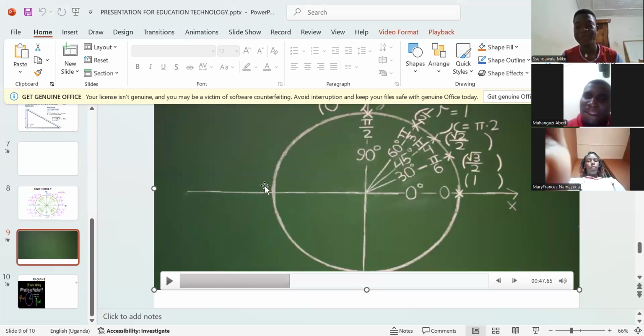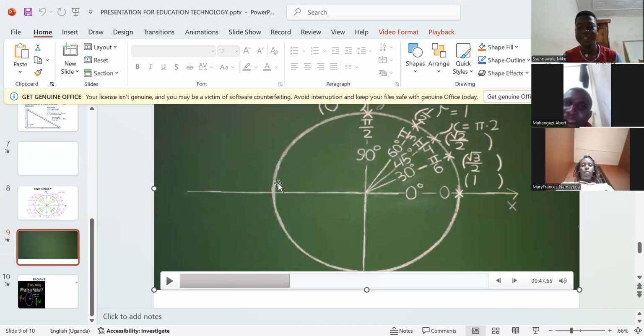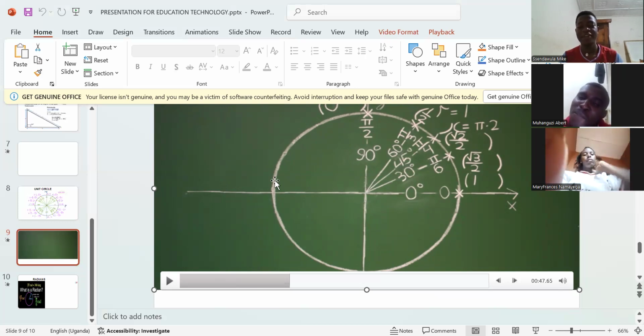That is explaining more about the unit circle. So I hope people were enjoying this lecture or this recording. So that is the unit circle. As I said, it rotates from 0 to 360 degrees.